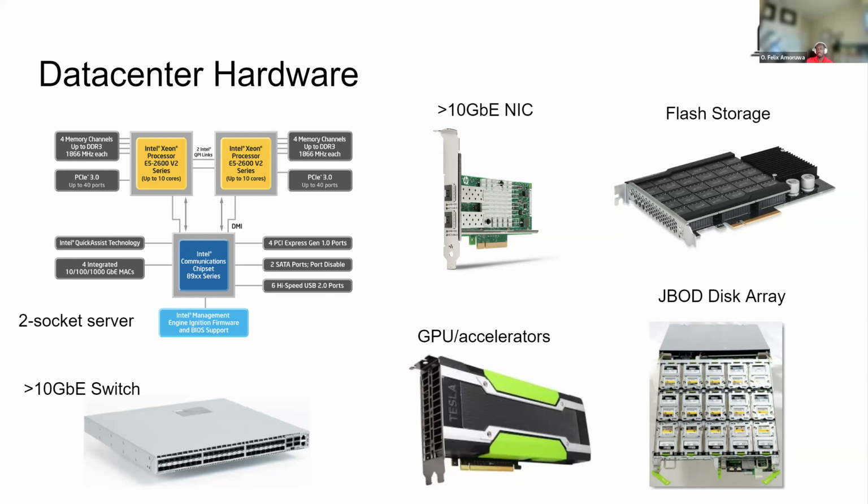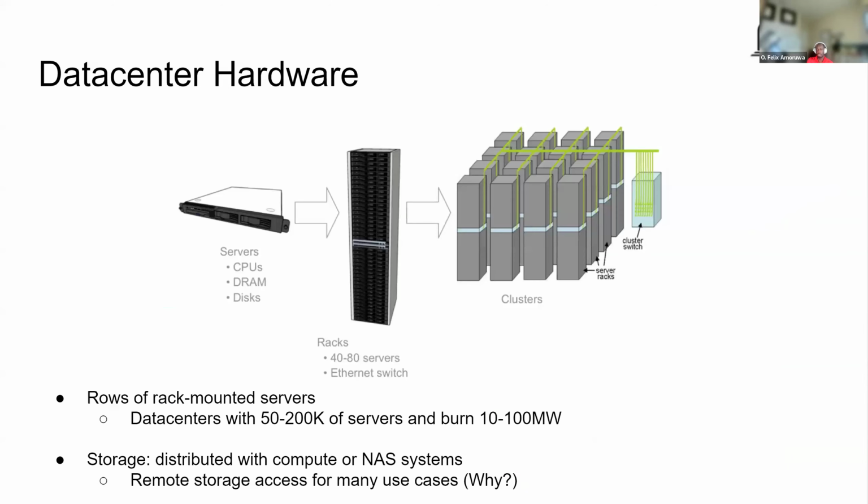But anyways, data center hardware, these are just several components here. You're going to have generally rows of rack-mounted servers that encompass CPU, DRAM, disks, GPU, and each one of these different servers, that more or less is that compute system, gets stacked into a system which we call a rack.